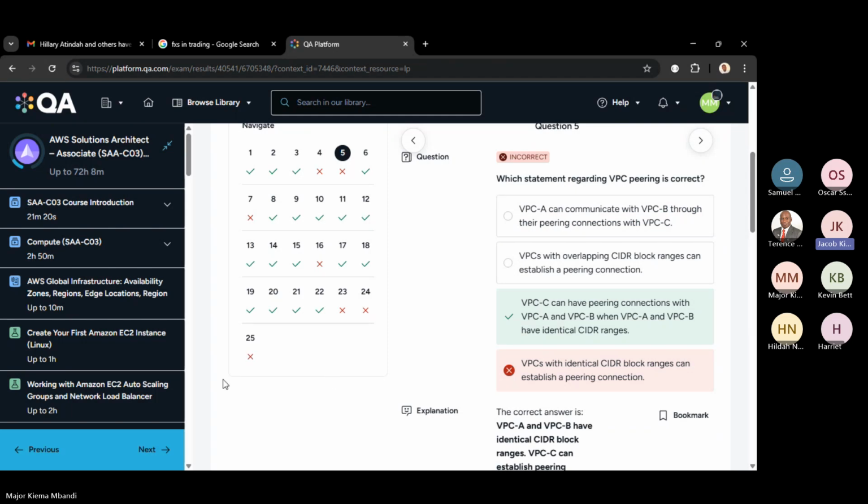Okay, I think I'll take on that. The question was, which statement regarding VPC peering is correct? The correct answer was VPC C can have a peering connection with VPC A and VPC B when VPC A and VPC B have identical CIDR ranges. So scroll down to the explanation.